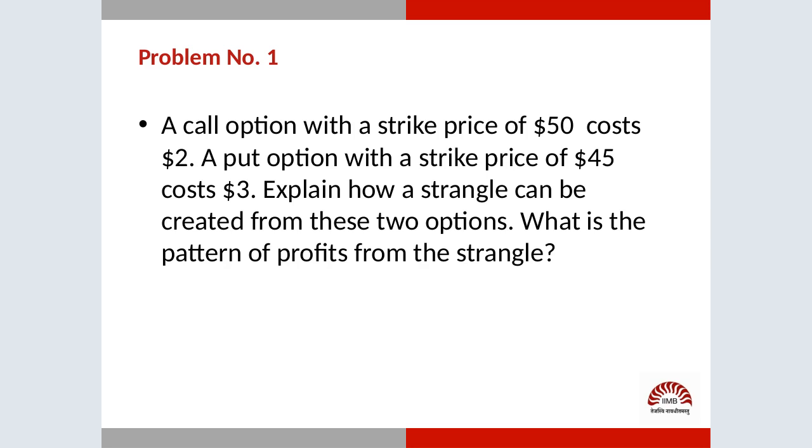Absolutely. Which means that as long as the price is between 45 to 50, you will lose $5. If the price goes below 40 or above 55, you will start making money. And between 40 to 45 and 50 to 55, you will suffer a loss, but you will suffer a reduced loss.